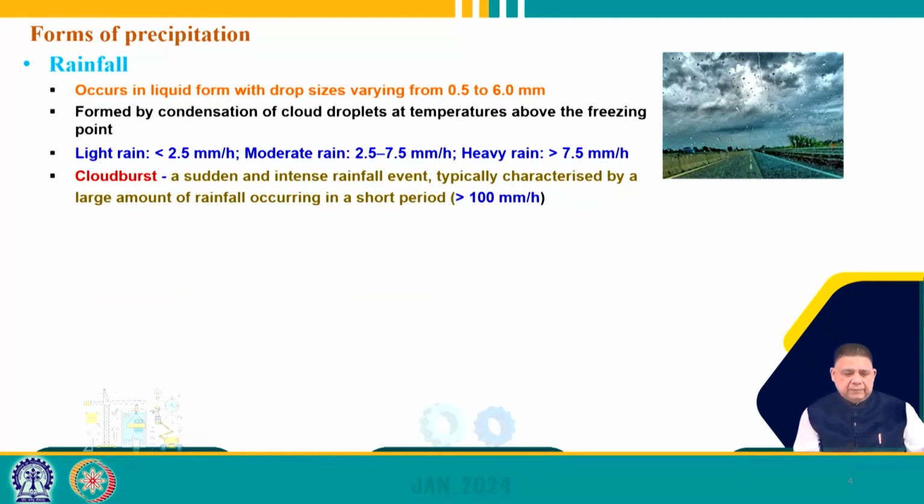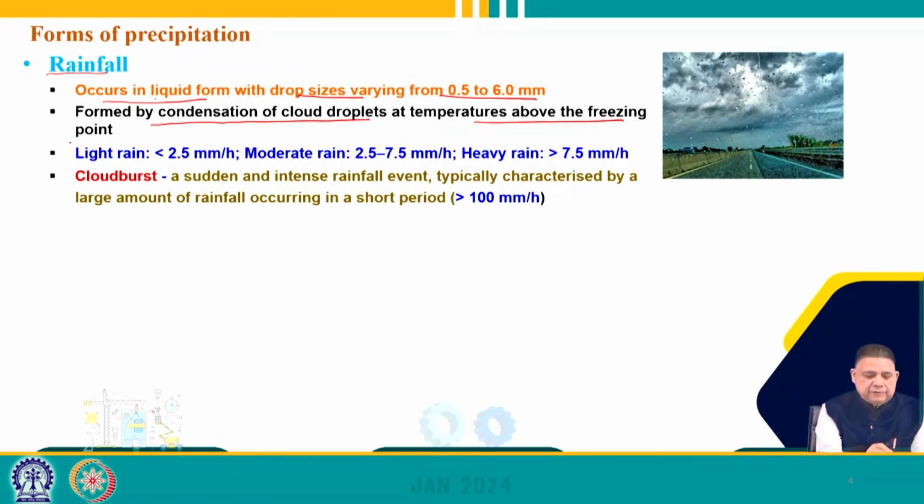Now, coming once again to the different forms, which we will describe a little bit, starting with rainfall. Rainfall occurs in liquid form with drop sizes varying from 0.5 to 6 millimeters, and it is formed by condensation of cloud droplets at temperatures above the freezing point. We have already seen the hydrological cycle.